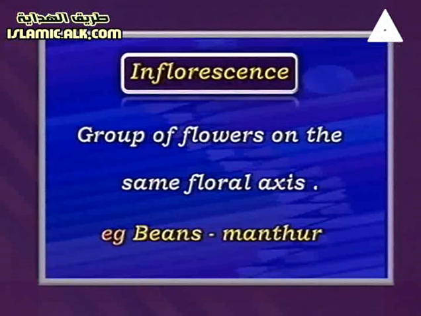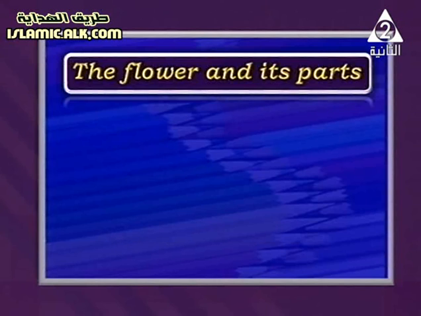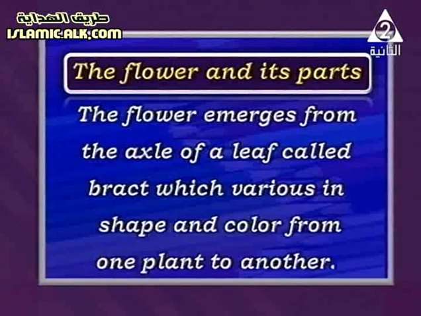We have different types. Well, the floral parts and the flower and its parts. The flower, as we said, emerges from the axil leaf, and this leaf is called a bract. If you observe a flower in the garden, you will see a leaf that looks like it is carrying the flower.